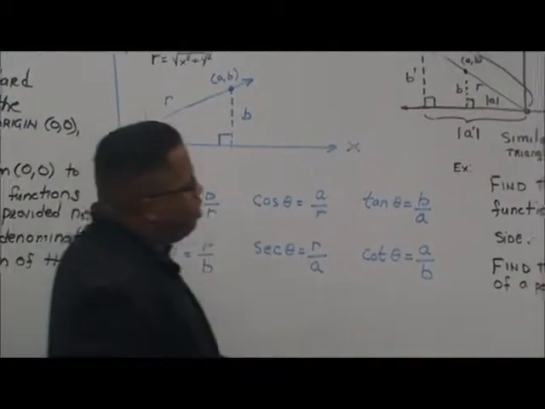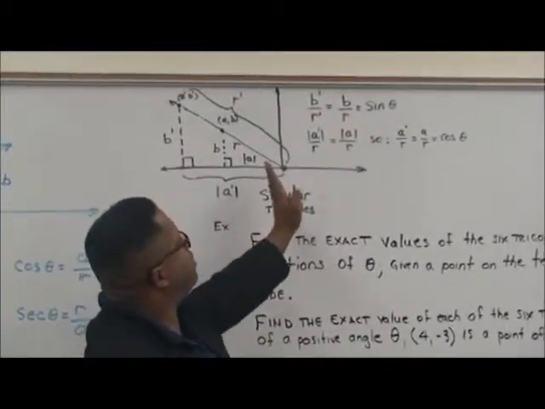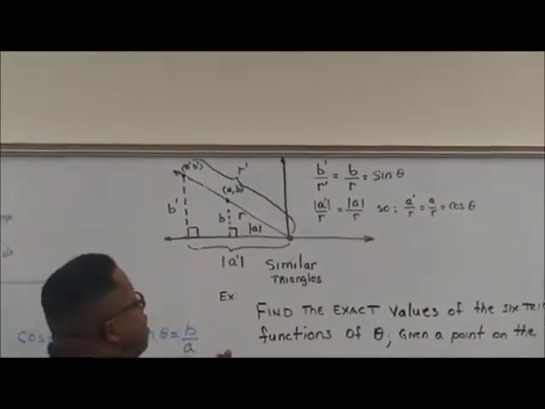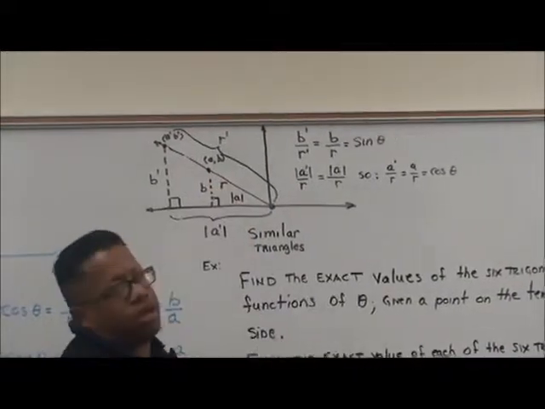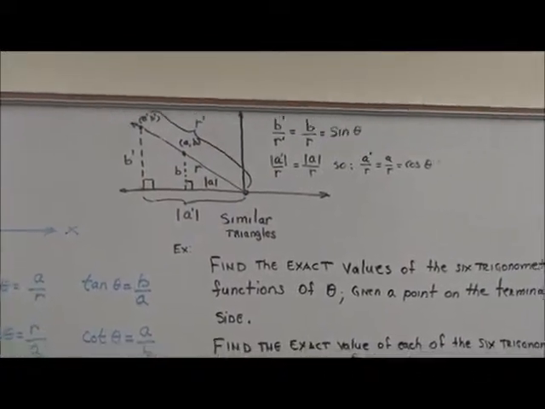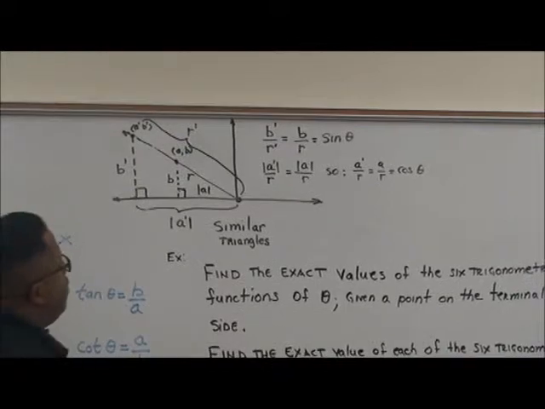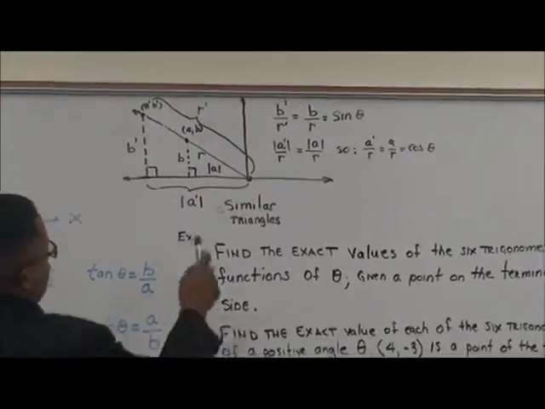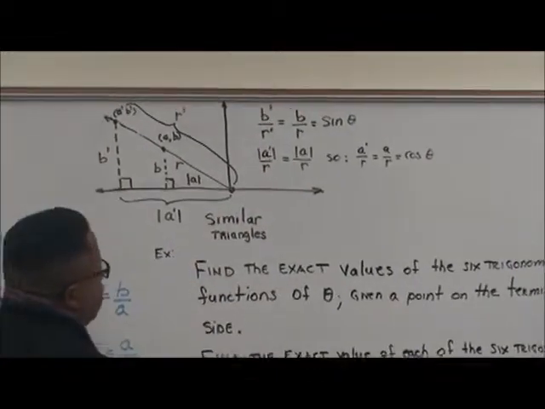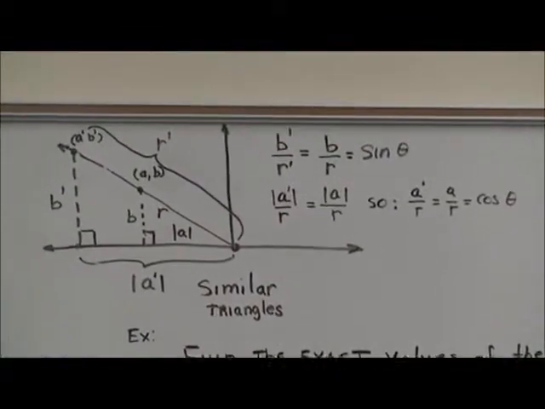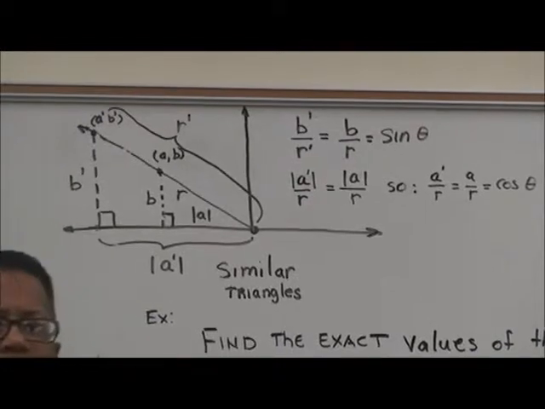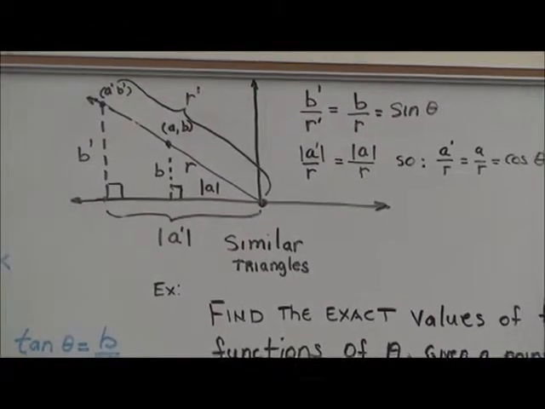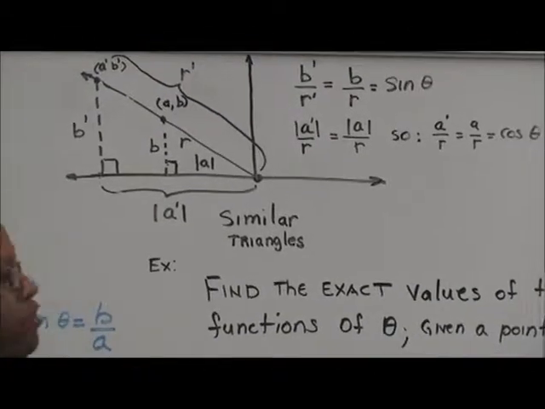Now, going over to this display, this graph represents similar triangles in the second quadrant of the Cartesian coordinate system. From this point to this point is the absolute value of a, and this point to this point is the absolute value of a prime, and the reason is that distance values are not negative values.